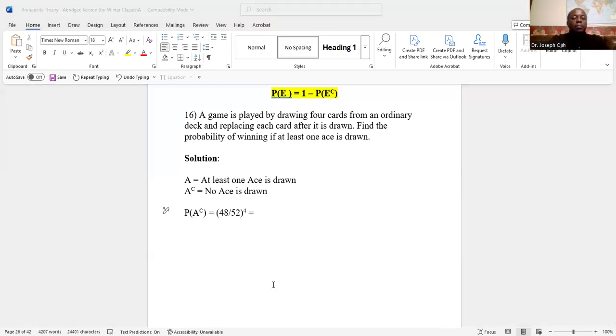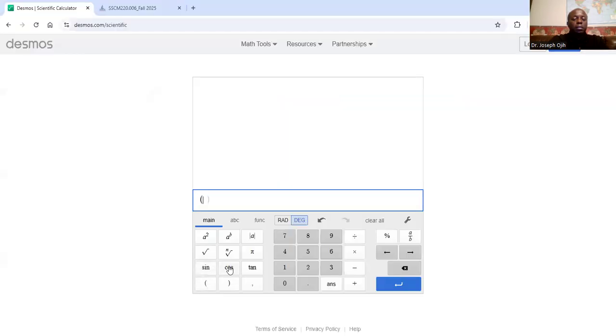That gives the probability that no aces are drawn: 48 divided by 52 raised to the power of 4, which is 0.726.